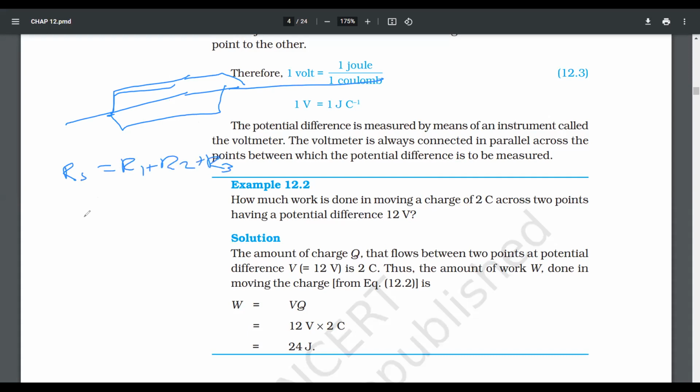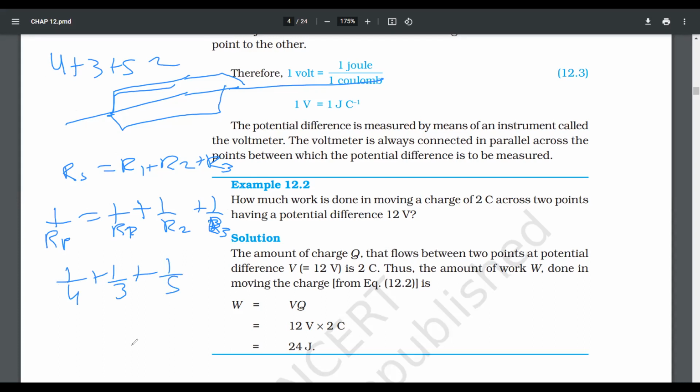And then 1 upon RP is equal to 1 upon R1 plus 1 upon R2 plus 1 upon R3. The reason it is less is, even mathematically, adding whole numbers like 4 plus 3 plus 5 will obviously be bigger than 1 upon 4 plus 1 upon 3 plus 1 upon 5. When you add fractions, their sum will always be less than the whole numbers.